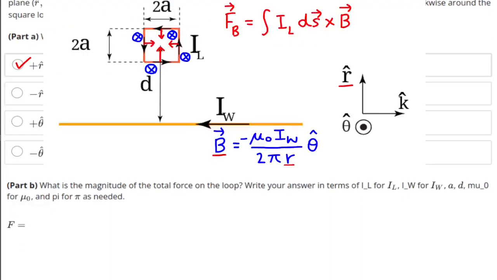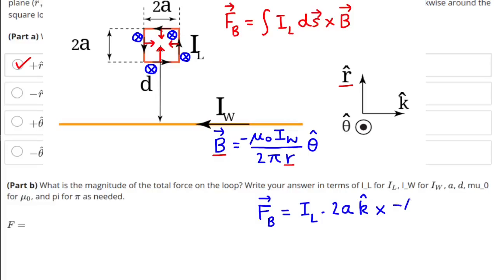So what is the magnitude of the total force on the loop? Well, using the fact that the magnetic field has a magnitude and direction that's constant on the bottom part of the loop, the magnetic force is the current through the loop times the length of the wire, where the length vector is in a positive K direction, and we take the cross product with the external magnetic field.